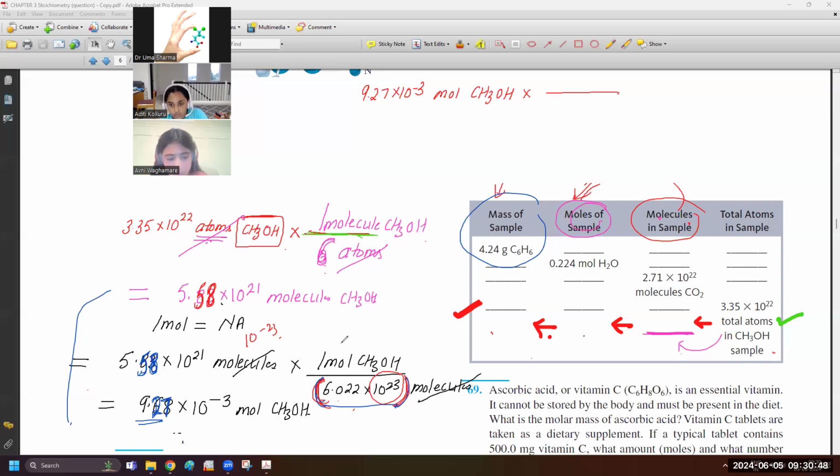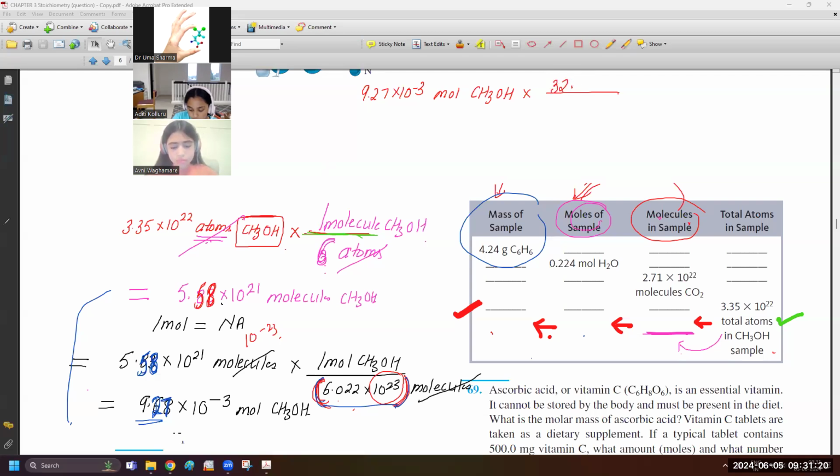Don't skip the steps, and you'll see that you'll be faster than other children. Calculating the molar mass. Yes, you're right, Avni.